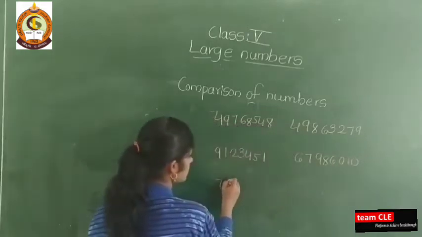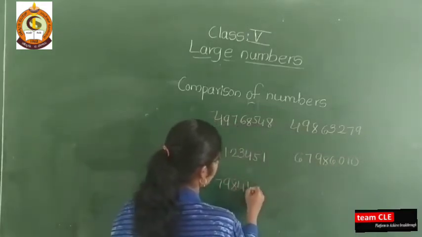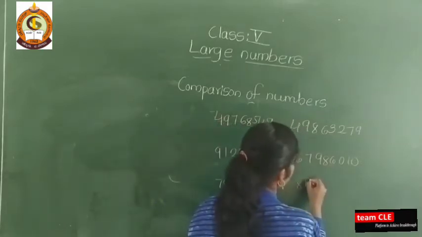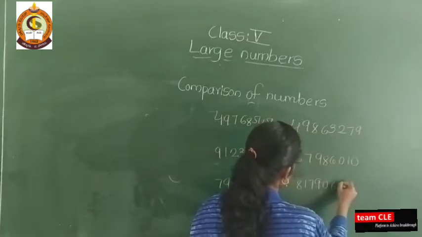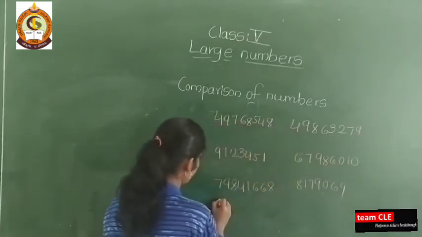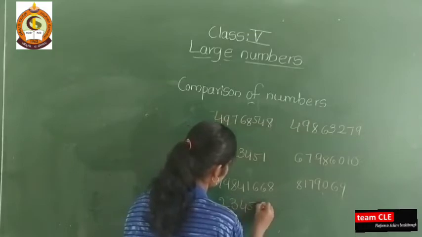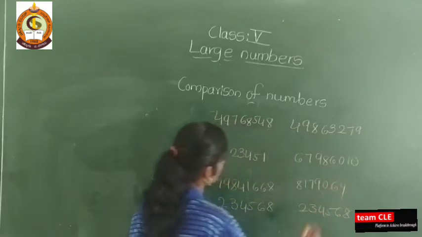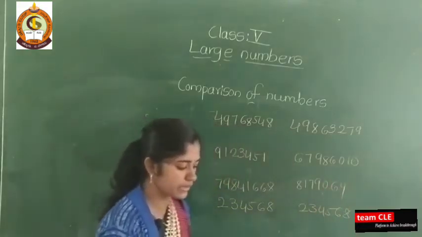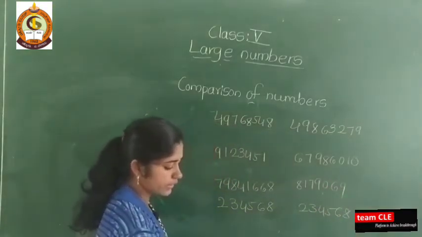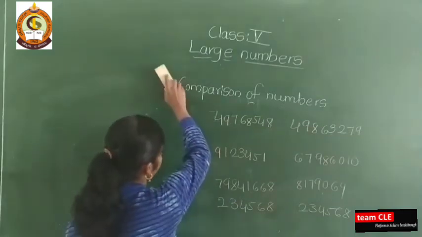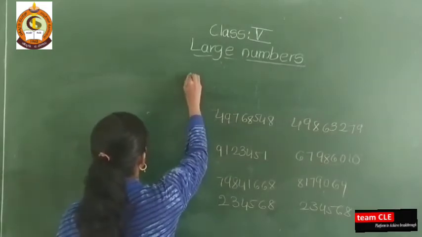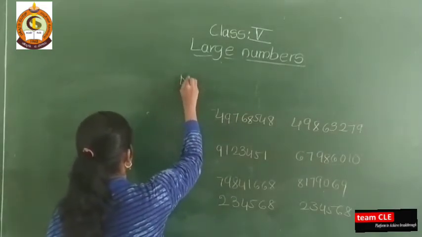One more example 7 9 8 4 1 6 6 8, and one more example 8 1 7 9 0 6 9. One more example 2 3 4 5 6 8 2 3 4 5 6 8. Here the first question is to compare the numbers and insert greater than, smaller than or equal sign. These examples are from your my practice time 3.